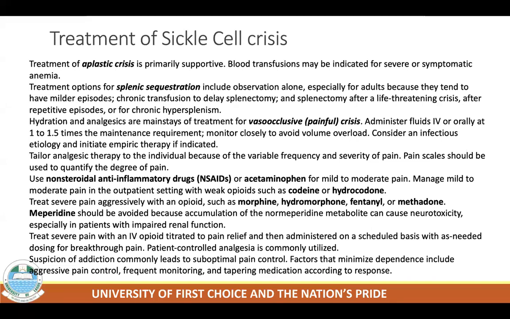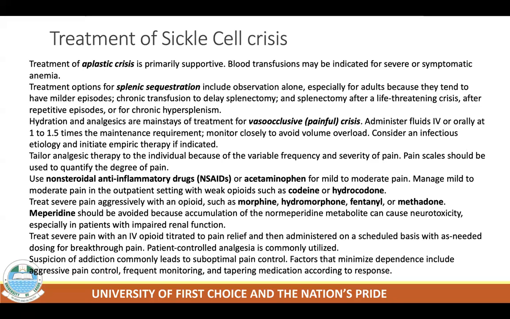So you sometimes may need to find out how the person is experiencing the pain to adjust their access to pain relievers as necessary. You can use NSAIDs or paracetamol for mild to moderate pain.